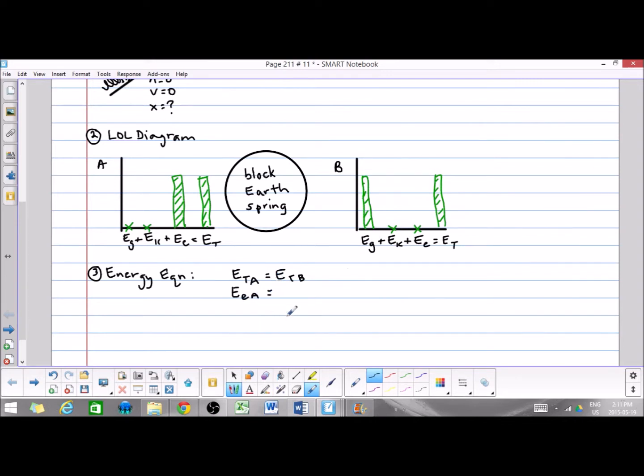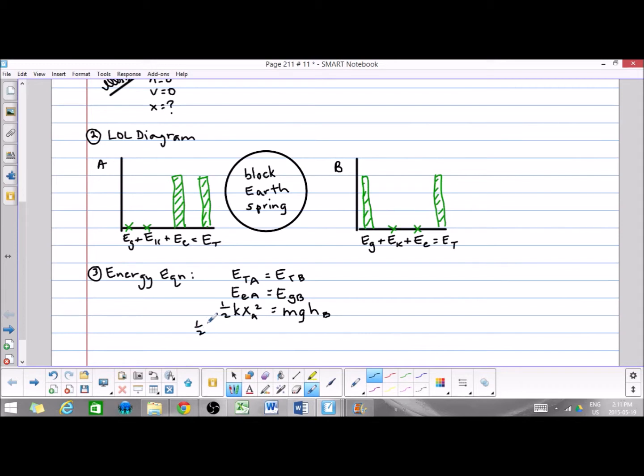At position B, it's all gravitational potential energy. So EE is a half k x squared, compression at point A. The gravitational potential energy at B is mgh at B. So we can substitute in.